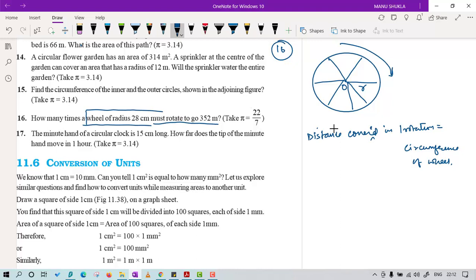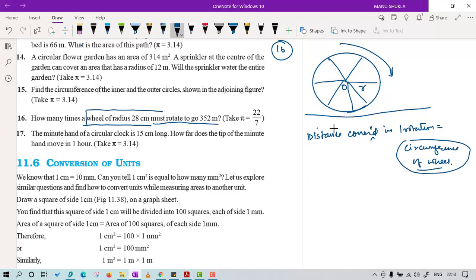That's it. If you want to understand this, you can see that while you are rotating the wheel, only the boundary is coming in contact with the land. And if you cut this tire and stretch it open, you will find that it has only the circumference of the circle, that is 2 pi r.